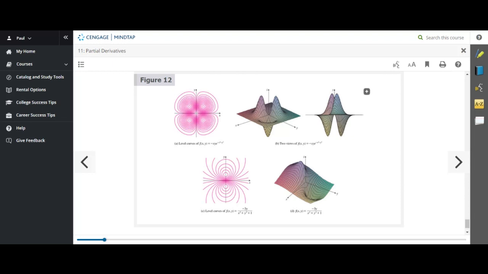Really, we should say octants, right? But let's just say the quadrants. The valleys come out of the first quadrant and the third quadrant, and the hills come out of the second and fourth quadrants. Valleys are below, and hills are above.